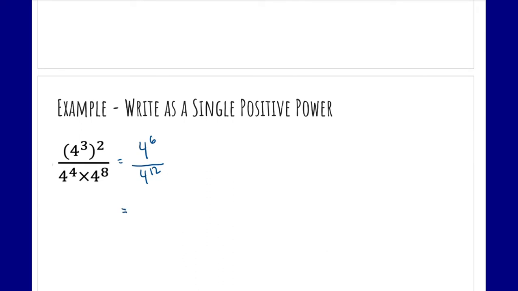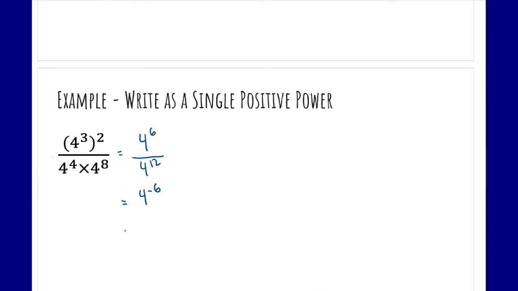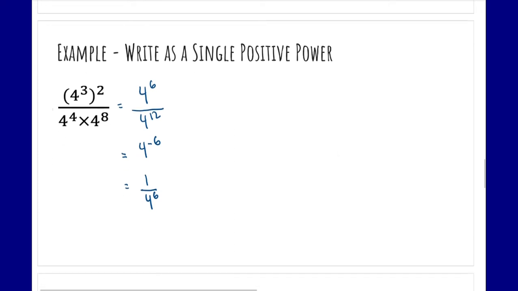This then becomes division or subtraction, so I get 4 to the power of 6 minus 12, which is negative 6. Now I want to turn it into a positive exponent, so I flip my base, 1 over 4, and the 6 becomes a positive. So 1 over 4 to the power of 6. So again, this is simplified.